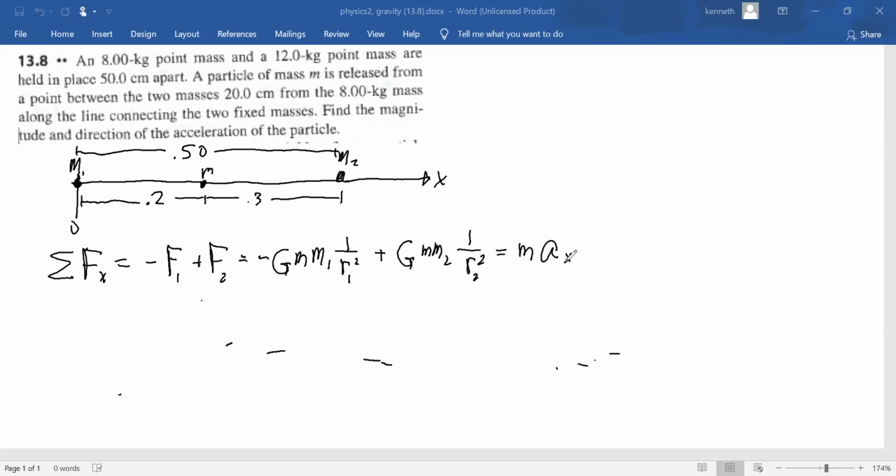And we want to solve this then for a, which we can.